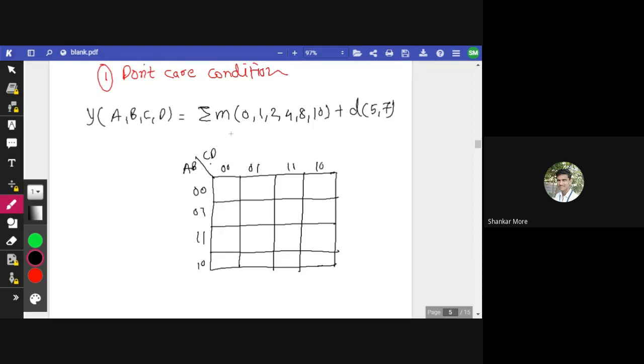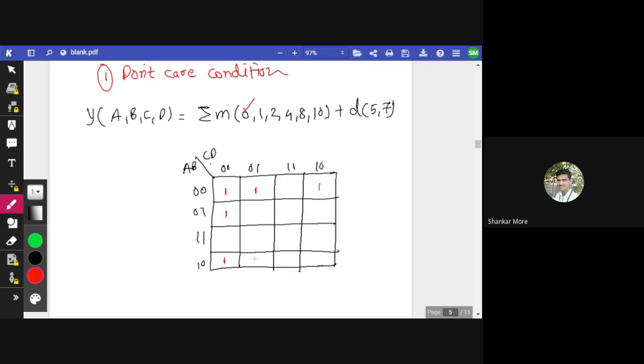So the first term we have to mark is 0, so here in the column of 0 I will write 0. Now we have 1, right? So 1 should be written here. Then we have 2, 2 should be written here. Then we have 4, so I guess 4 is written here, 0 1 0 0.